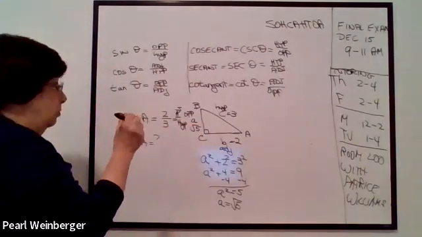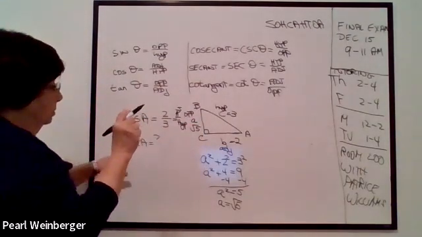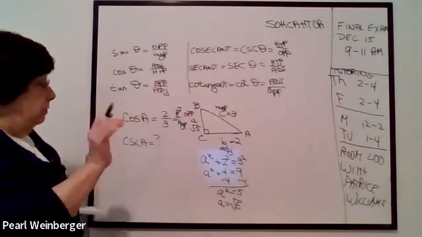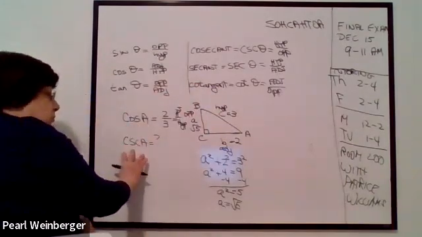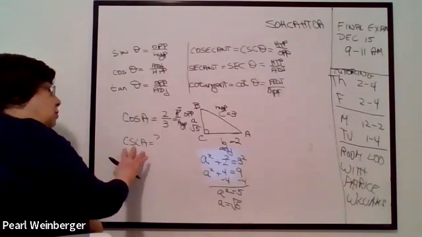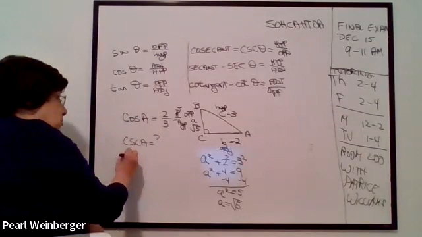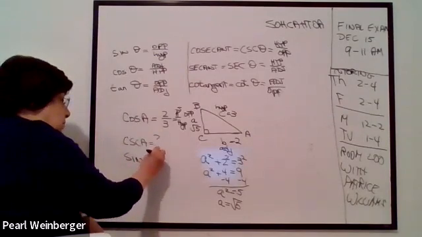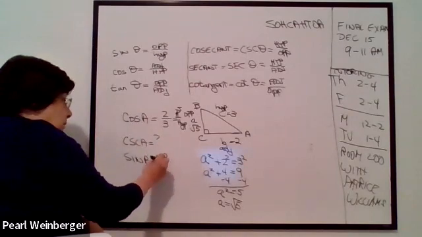So now I've got my whole triangle set up. I can figure out any of them. I want to find the cosecant. Well, I know the cosecant partners with the sine. The sine is opposite over hypotenuse.